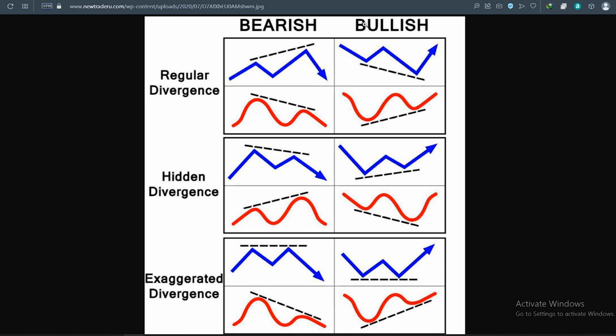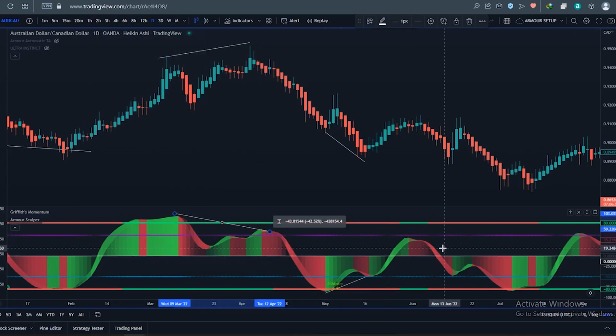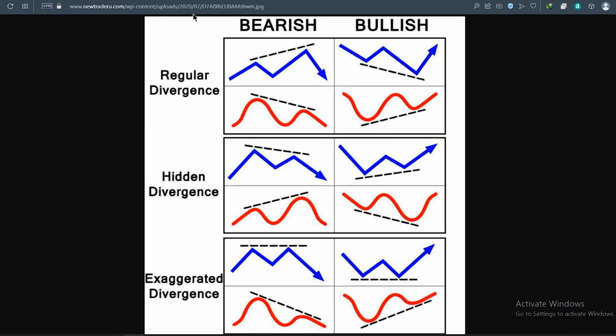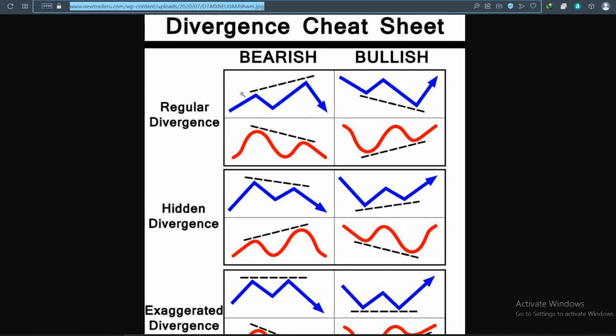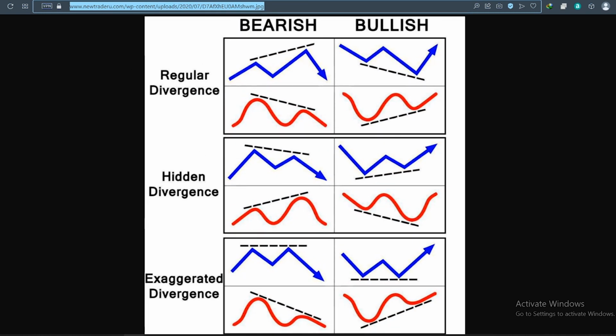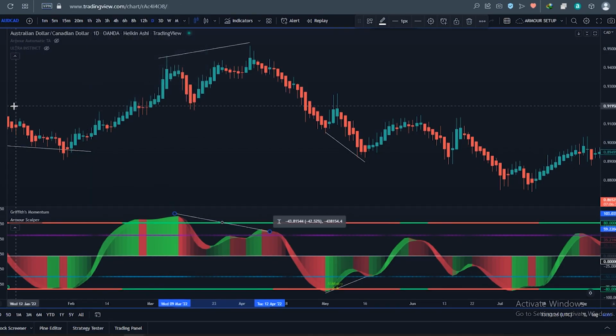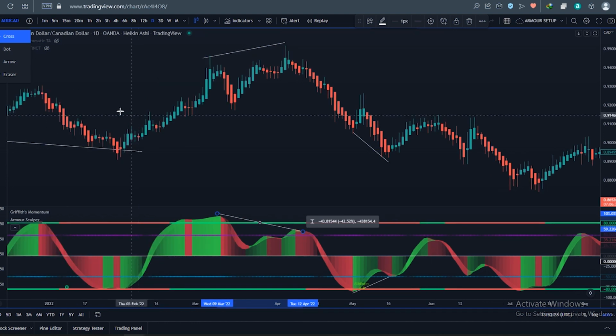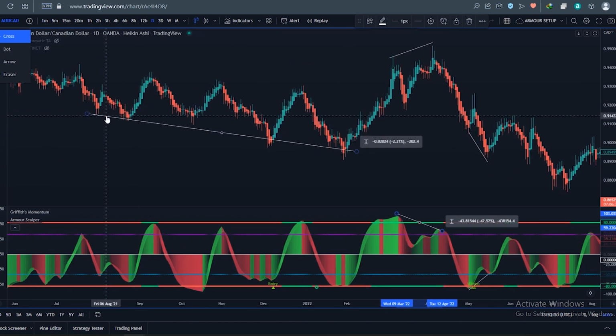It's easy to understand. Just pay attention to your charts, candles, and scalper, and you will get a lot of information. I'll put a link to this divergence cheat sheet in the description, and you can download it and use it when you buy or sell. Use it wisely.